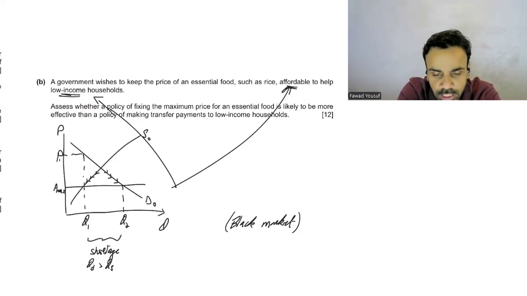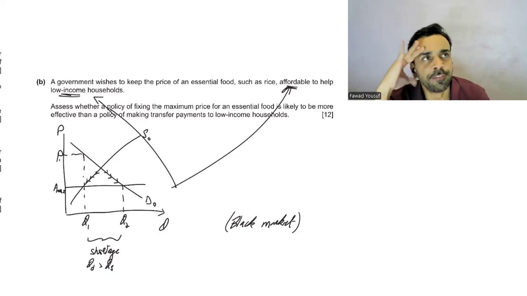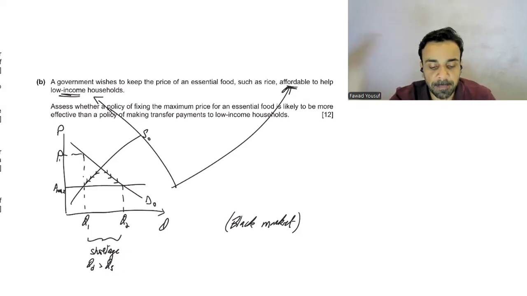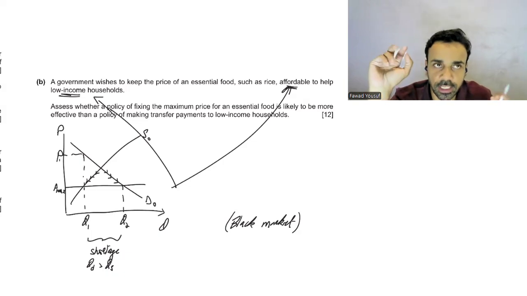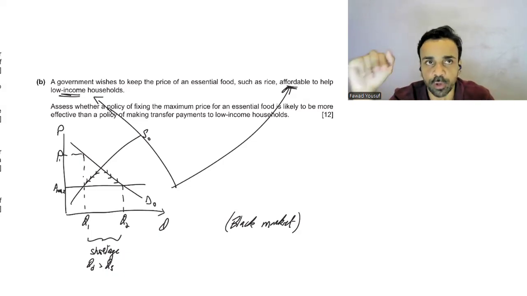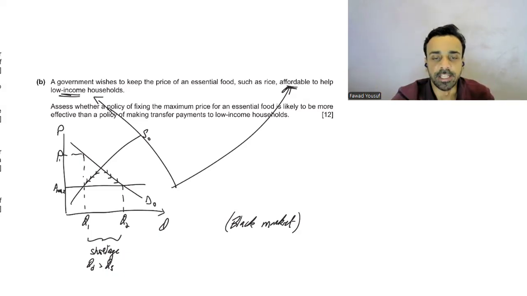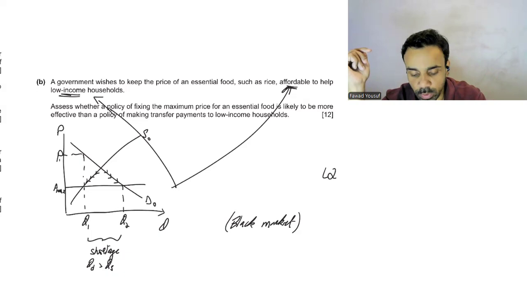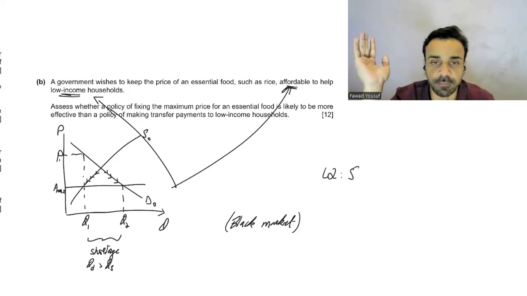So counter हो गया इसके अंदर कि for low income, a black market and then the whole problem can arise and maybe their affordability may not rise. If you do this, maximum price, how it will work in the context of low income and affordability rising, uska for and against argument, I will give you level 2, 5 marks.